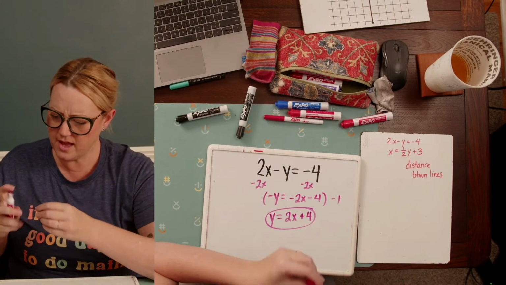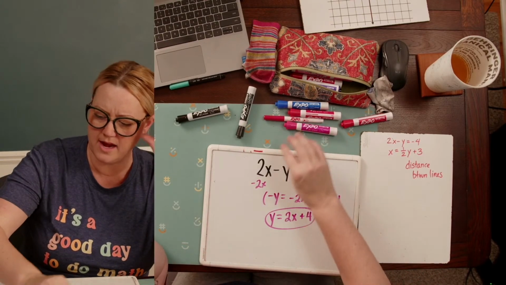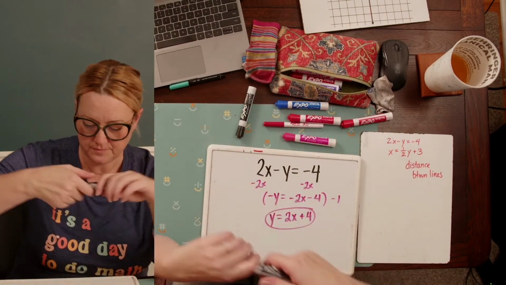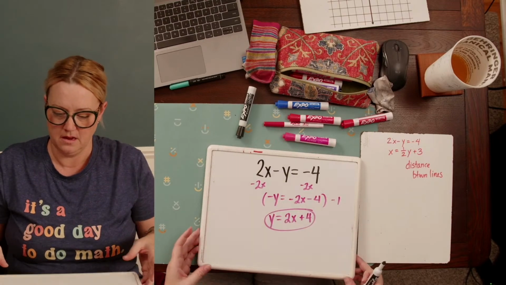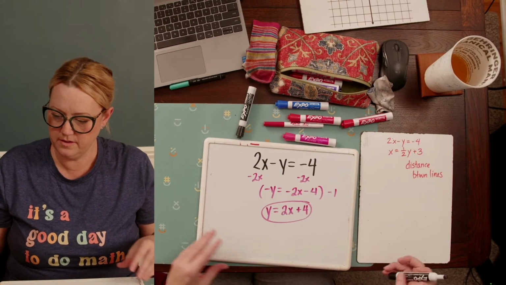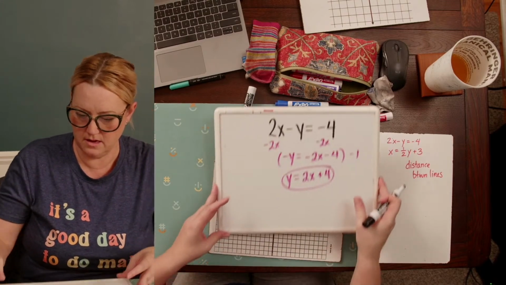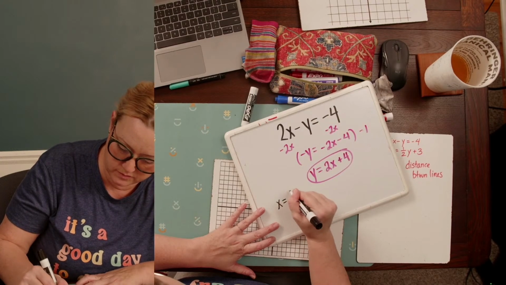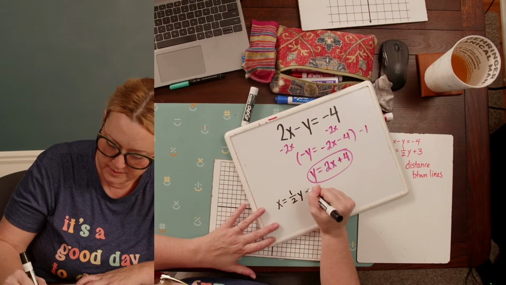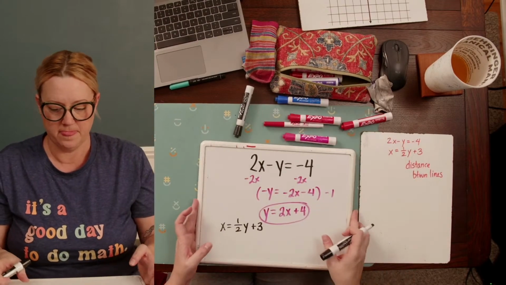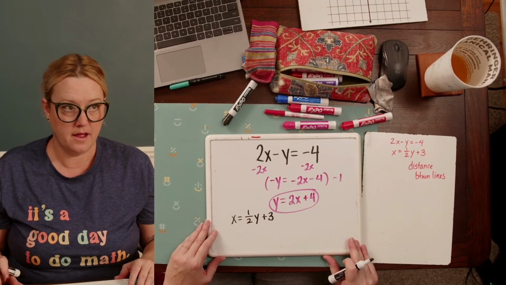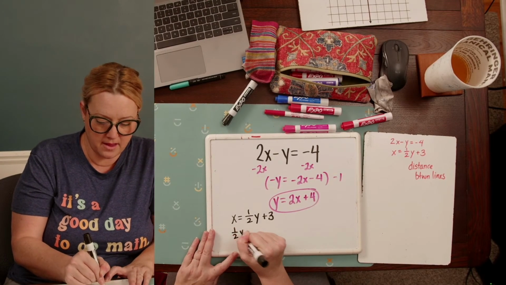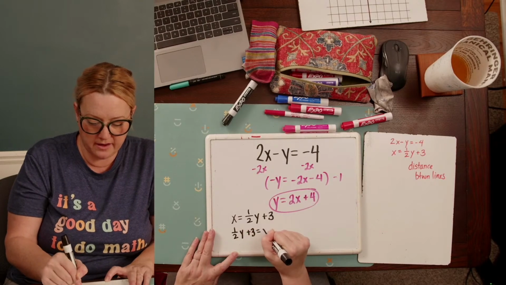Okay, the other one is x equals 1/2 y plus 3. So, I'm going to have to do this one over here. X equals 1/2 y plus 3. Okay. I'm going to flop this order. So it's 1/2 y plus 3 equals x.